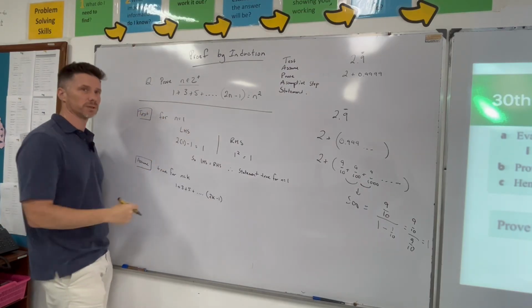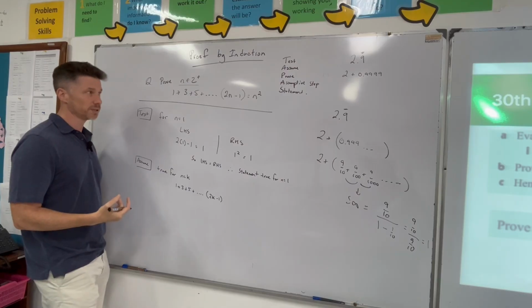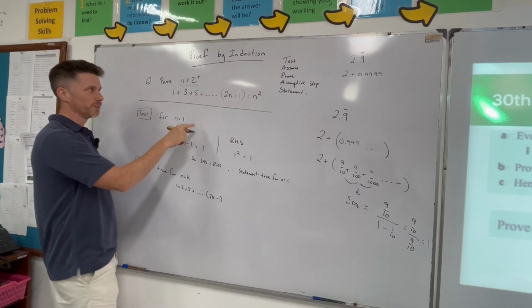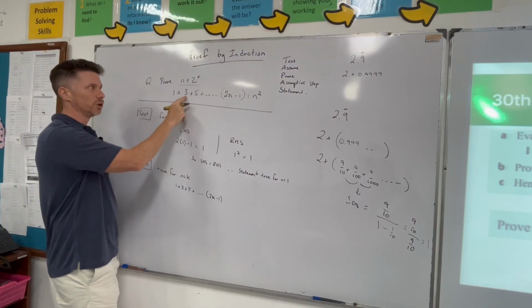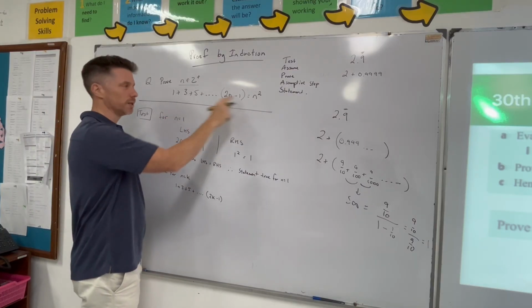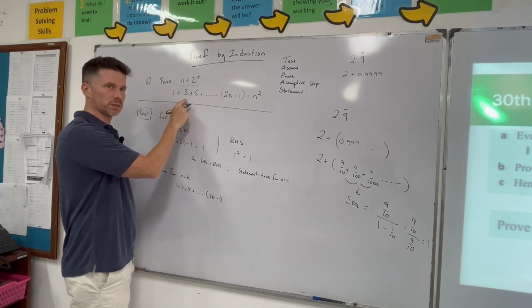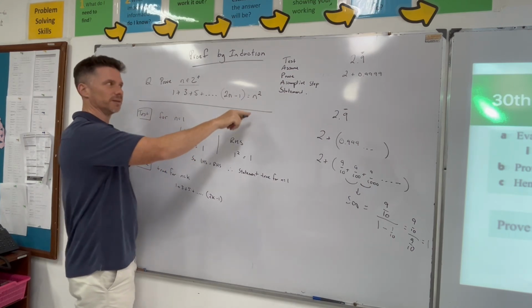It's an addition, it's a sequence, or a series, sorry. It's not just the one term. So the next term in the sequence is not looking at 3, does that equal n squared? It's 1 plus 3 does equal n squared. The number of terms added together equals n squared.